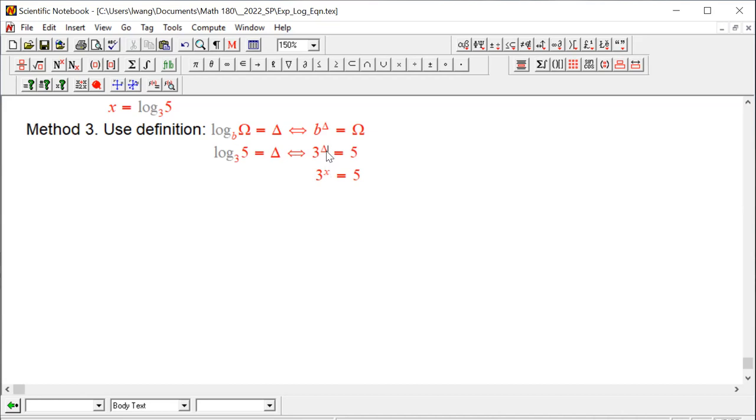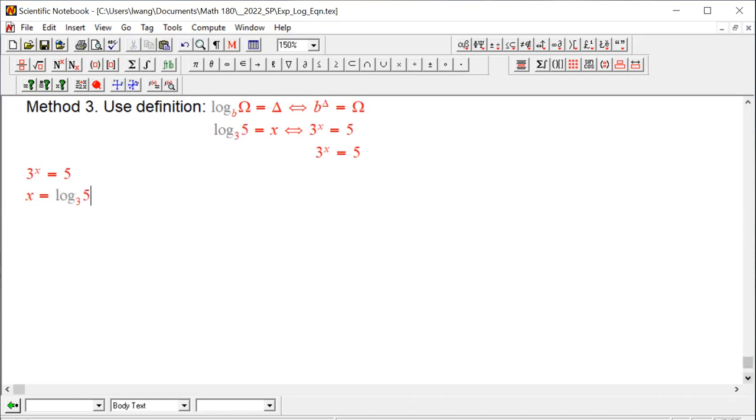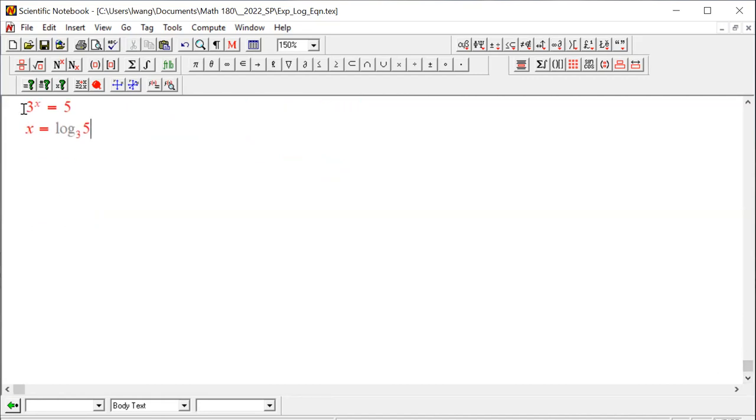And triangle is x, and there you go, x is found. So using the definition, how many steps do you need to write? You don't need to show these. The next step is you just tell the reader the definition, from definition, x equals log base 3 of 5. So all the work you have to show is this much. And you're going to be getting better.